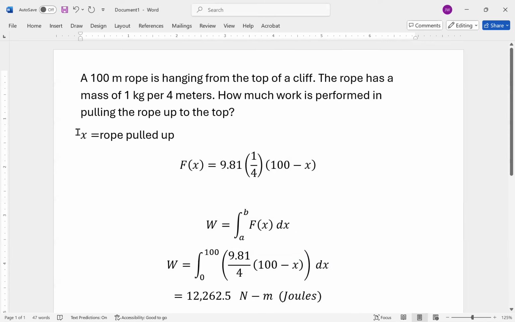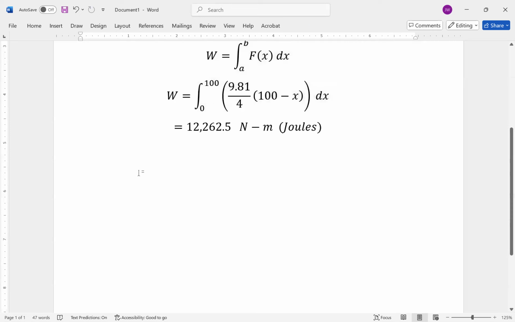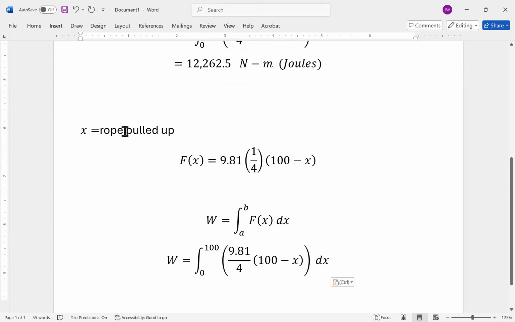Now I said that this is the way we do it if I let X be the amount of rope that I pulled up. What if I let X be the amount of rope that is hanging down? The force function is still going to be 9.81, that's the gravity constant, times the weight per meter of rope, that's 1/4 of a kilogram per meter.